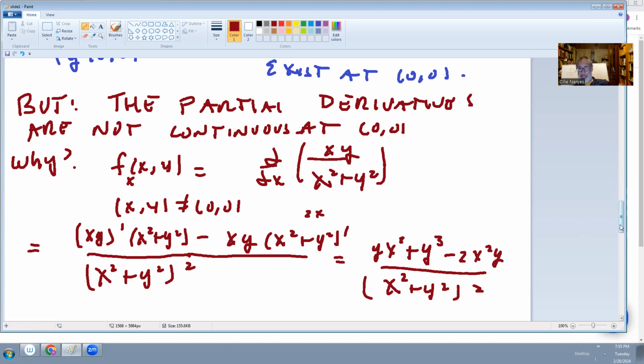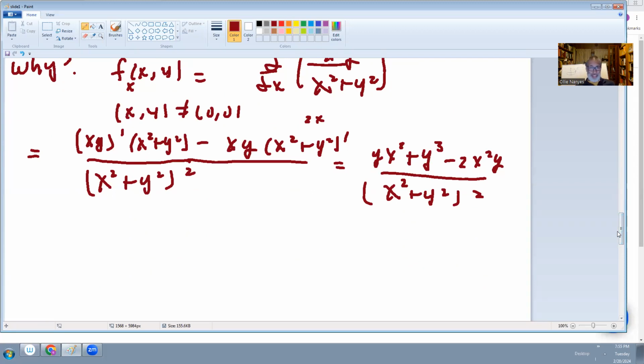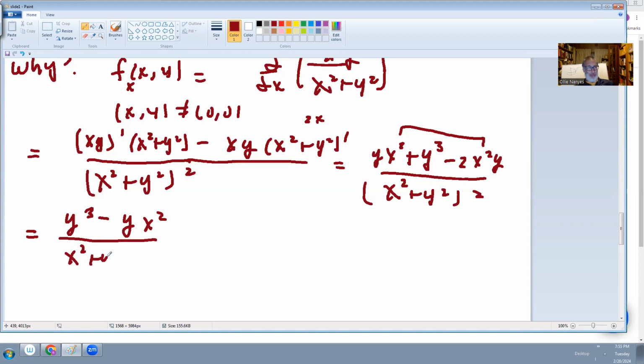And we get the following expression. You can combine these, so we get y cubed minus y x squared, all over (x squared plus y squared) squared.